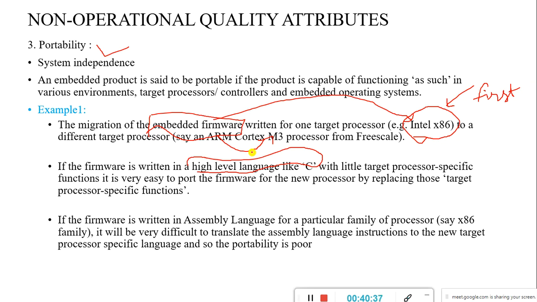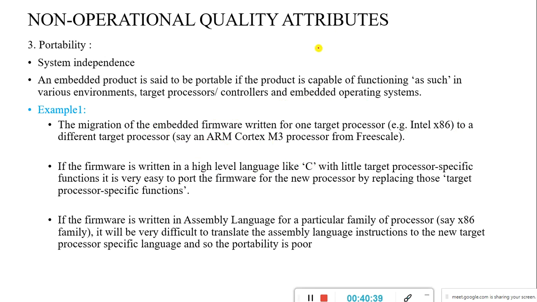Now, giving another example, Microsoft developed Visual C++.